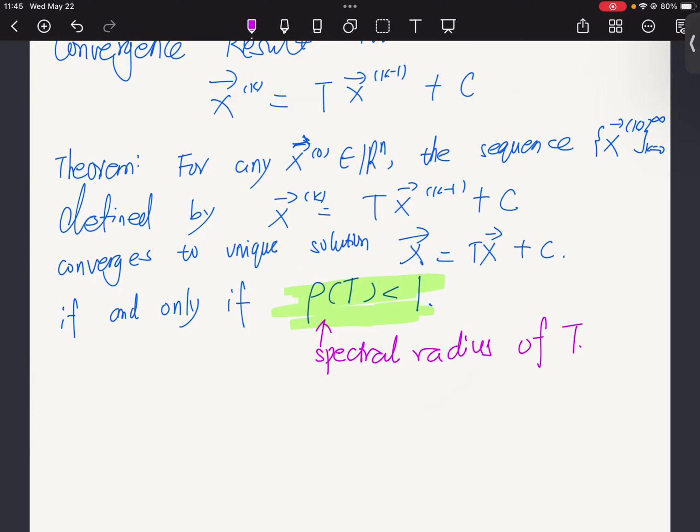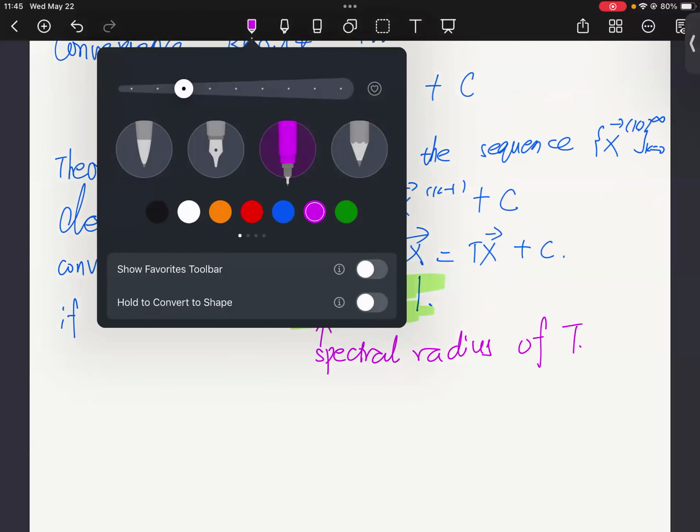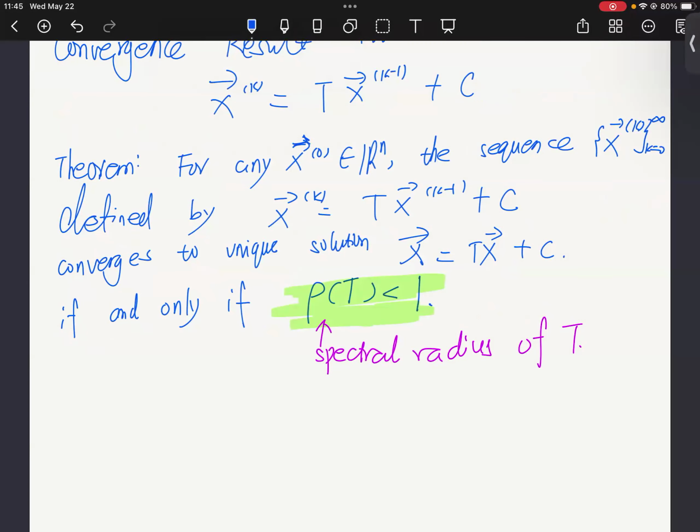Do you know what an eigenvalue of a matrix is? Raise your hand if you know. Okay, most of you know the eigenvalue of a matrix, so I'm not going to introduce it again. Now the definition of spectral radius. Rho is the spectral radius notation.